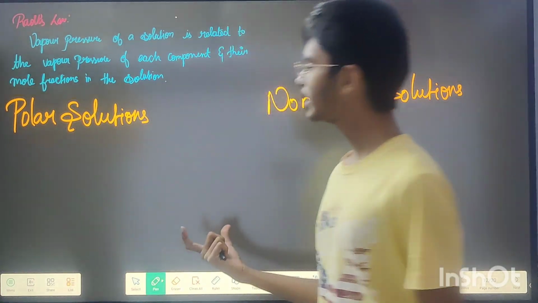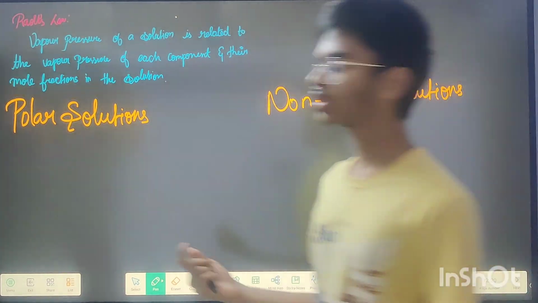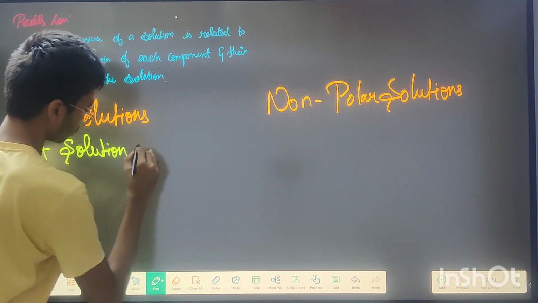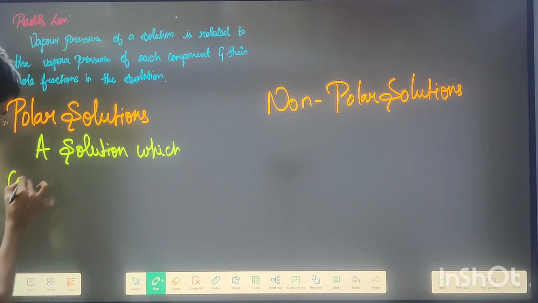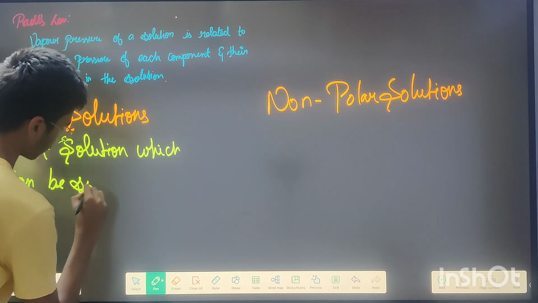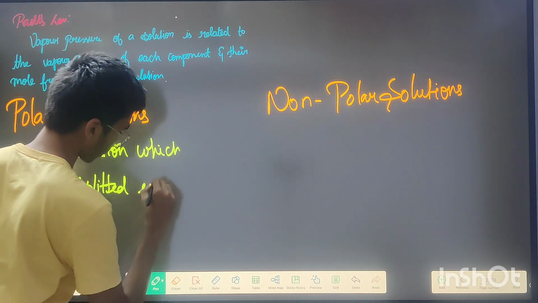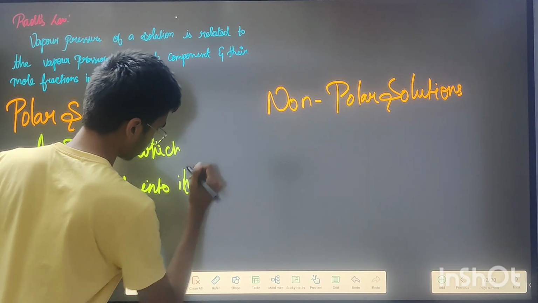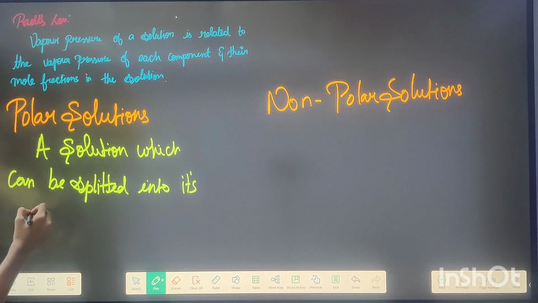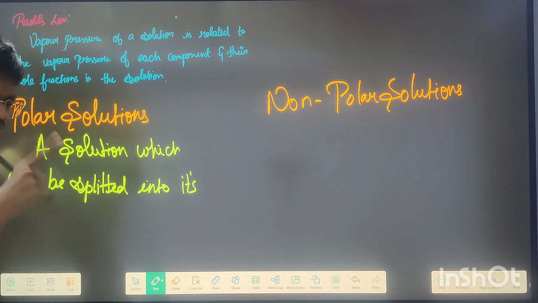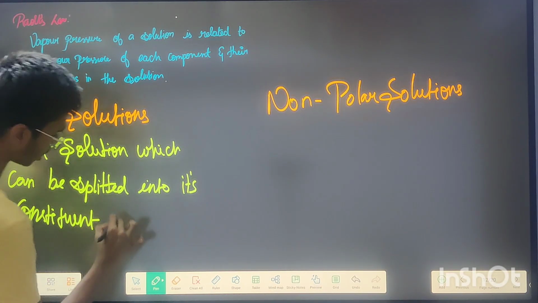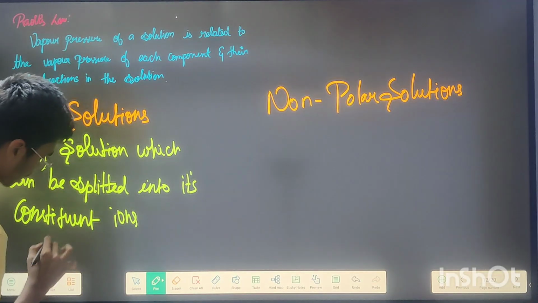A polar solution is one that can be split into its constituent ions. The best example is electrolytes.